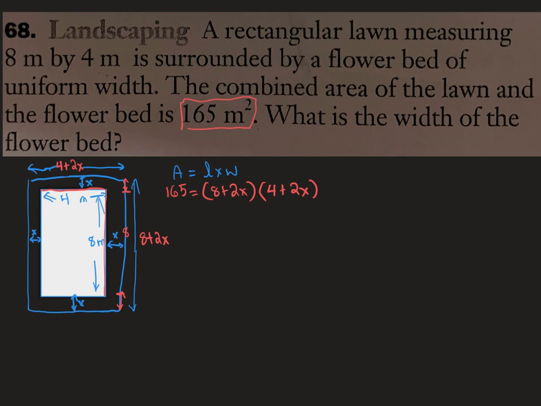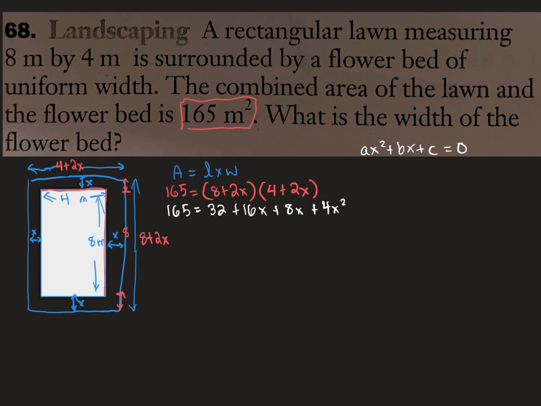In order to solve a quadratic equation, we probably want to first start with general form, which looks like ax squared plus bx plus c equals 0. So we are going to expand the right-hand side. 8 times 4, we've got 32. 8 times 2x would be 16x. 2x times 4 would be 8x, and 2x times 2x would be plus 4x squared.